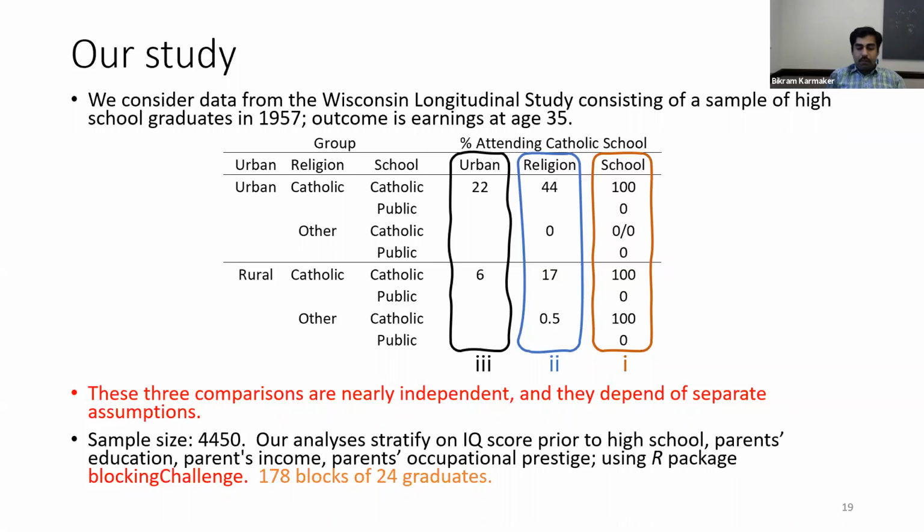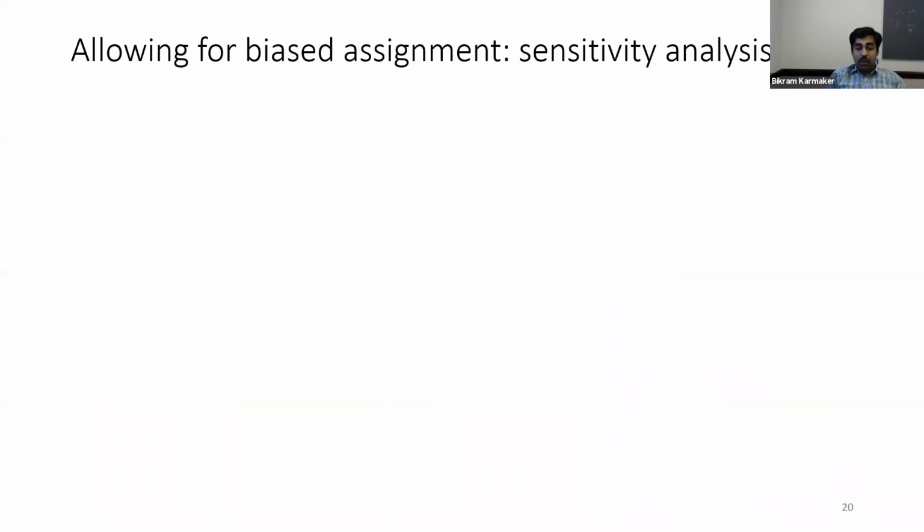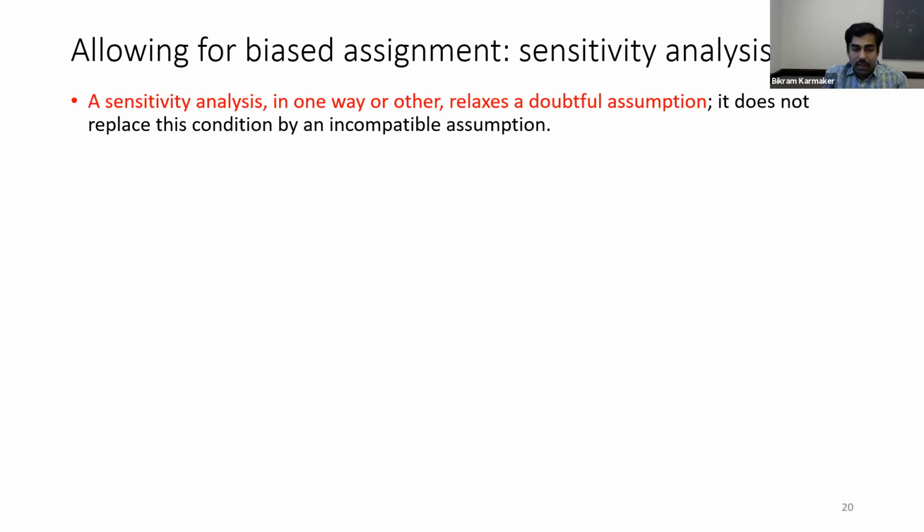Now I'll go one step beyond it, and I'll see what more we can do with these three comparisons. So these three comparisons will be valid under certain assumptions, but we can relax some of those assumptions. For example, we can allow biased assignments using sensitivity analysis.